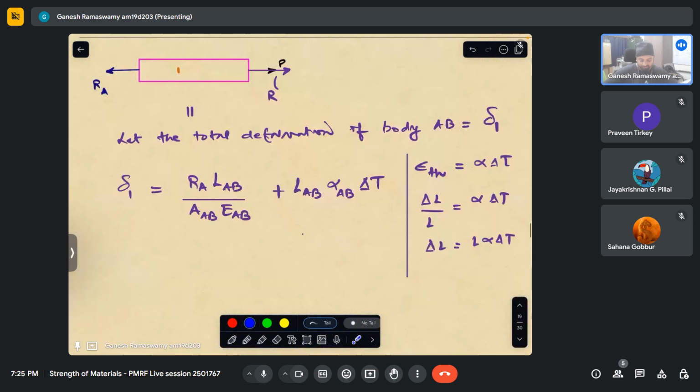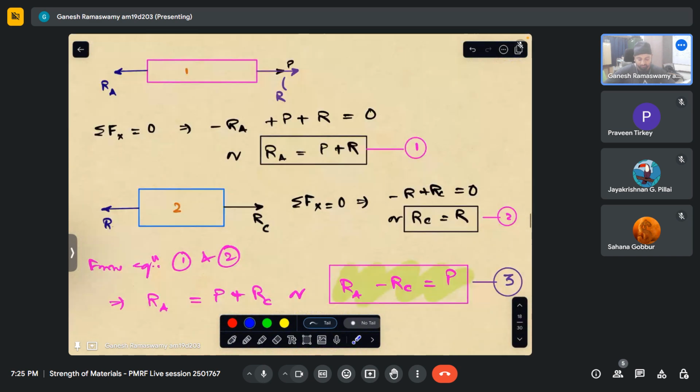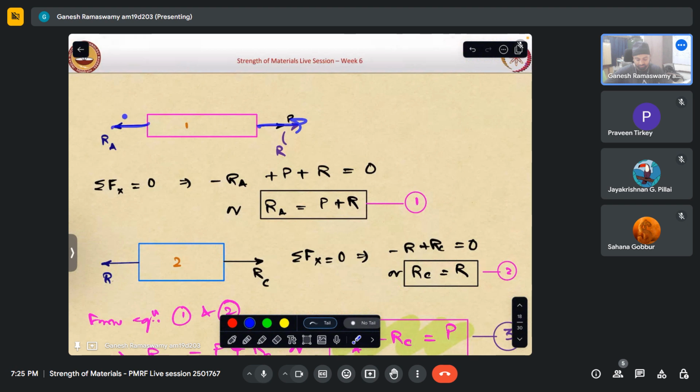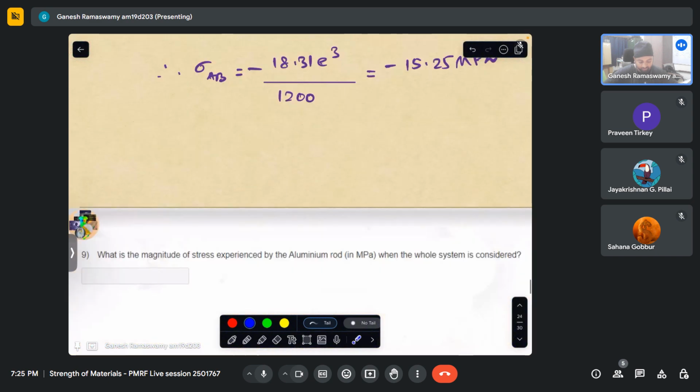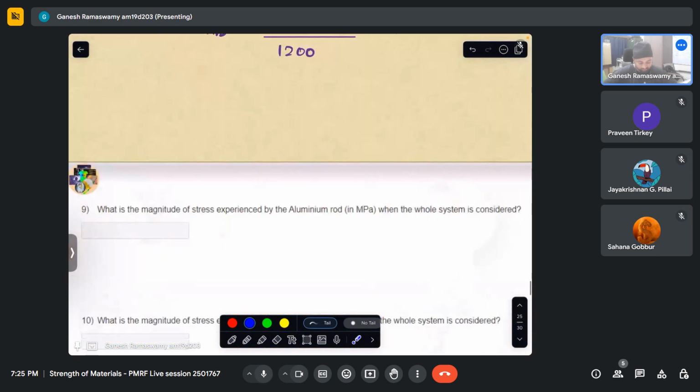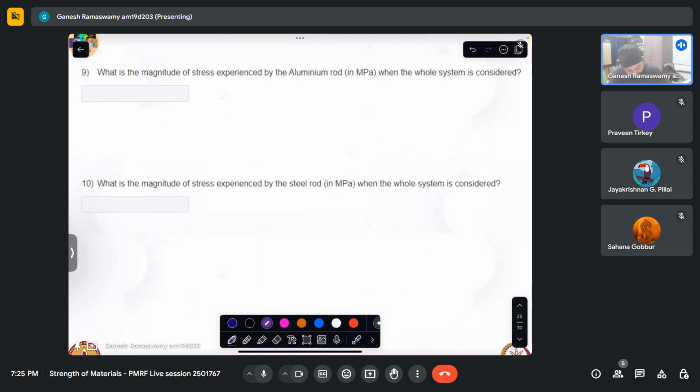Initially we took all the members to be in tension, but the result has suggested that my force needs to be flipped, and by virtue of that flipping the force has become compressive in nature, which is why the rod is subjected to compression. But the magnitude of the stress is asked, therefore I will report just 15.26 MPa. So sigma AB is 15.26 MPa.